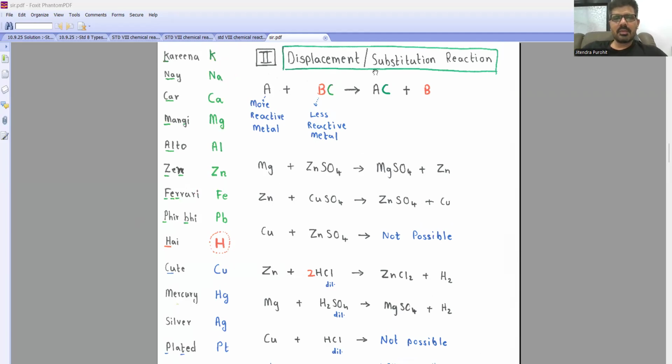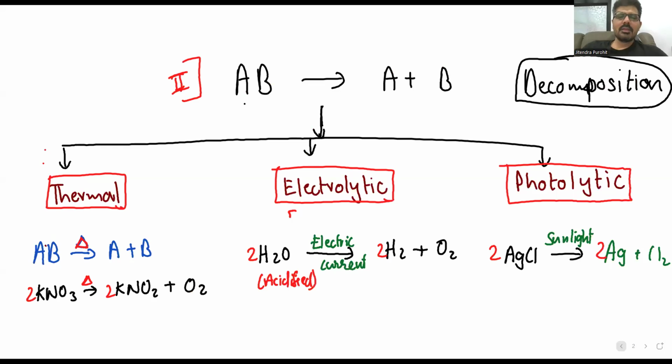Okay, electrolytic means what, beta? What is the problem for you with electrolytic? Tavish, tell me. Sir, I missed it. Electrolytic means what, beta? I'm going to do decomposition by passing electric current. Look, beta, this is water. If I pass electric current, I'm going to get hydrogen and oxygen.